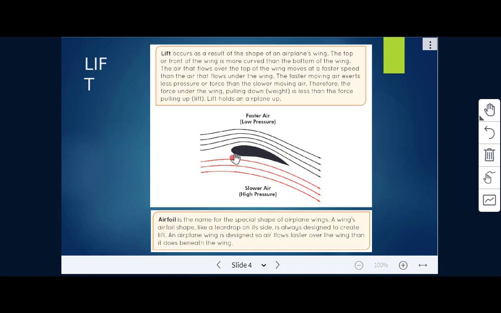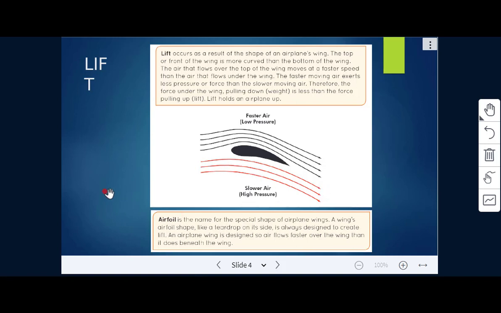The air that flows over the top of the wing is moving much faster. It's at a faster speed than the air that's flowing under the wing. Here it's slower air.